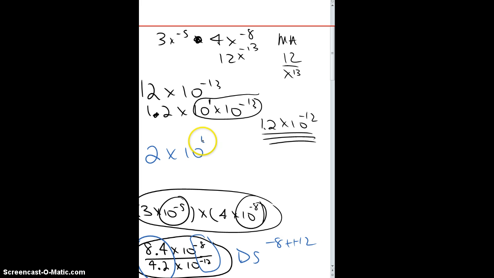That ends up being 4. Some people like to flip these and move the 12 up as a positive, so they move this up as a positive exponent, this one down as a negative exponent, and cancel. You can do that. But it should get bigger, because 10 to the negative 12th is a really tiny decimal, and 10 to the negative 8th is actually a bigger number, so this should go in here more times. That's how you get that. The nice thing is this is already in scientific notation, so you're done.